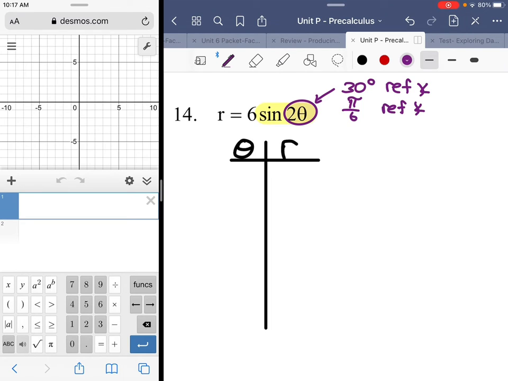All right, the whole 2 theta, not just the theta. So if 2 theta is going to be 30, then theta itself must be 15. But let's not jump the gun. 0 would be a nice place to start.